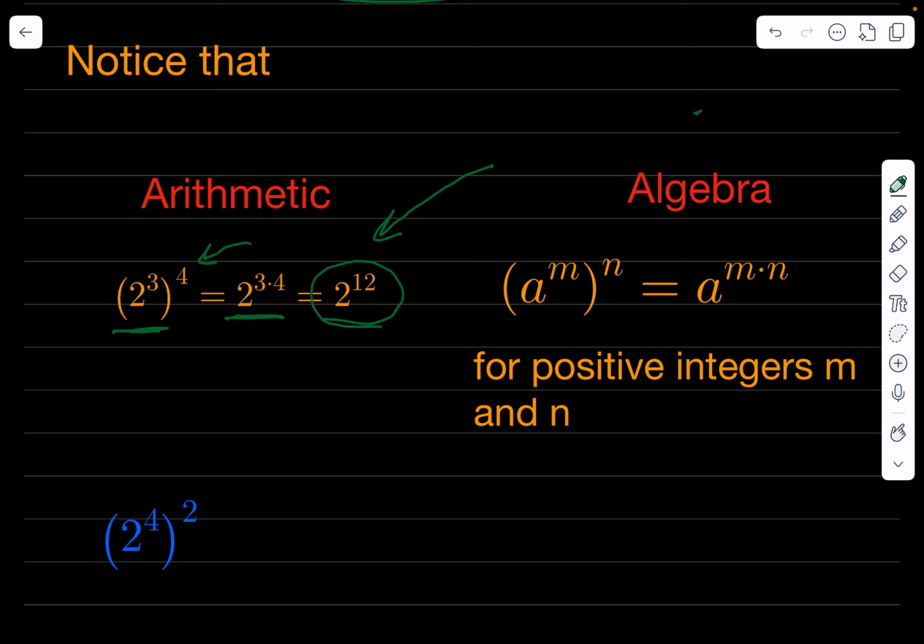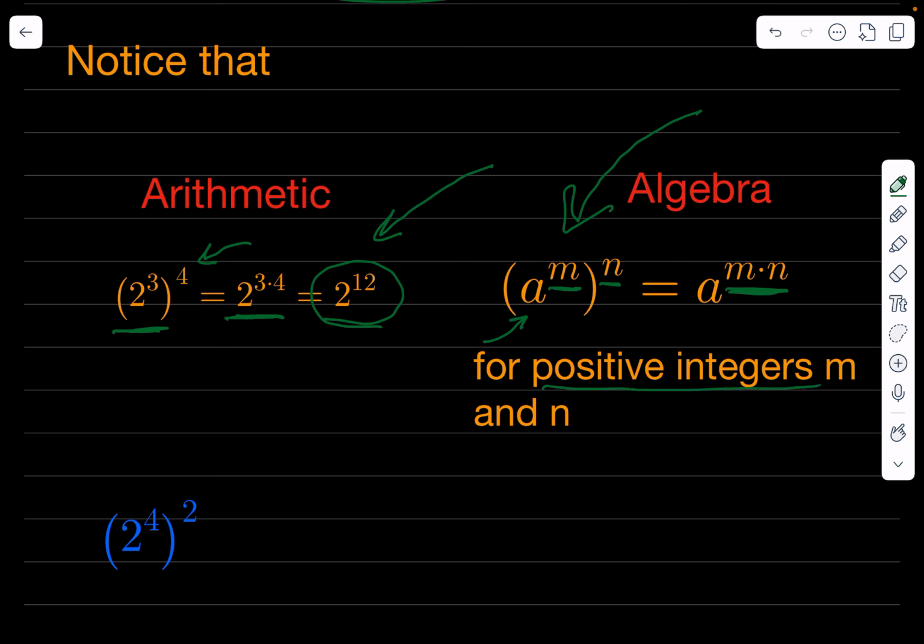Now, let's look at the actual property in algebraic terms, meaning we're using variables. I've got a, my base, to the m raised to the n, which is equal to a to the m times n. And our integers are positive.